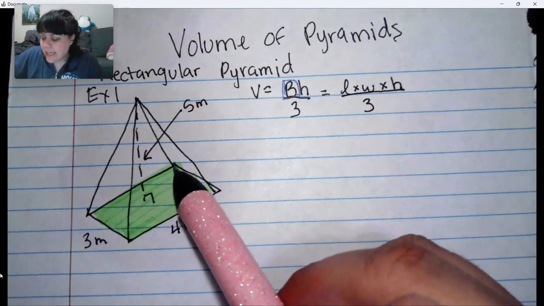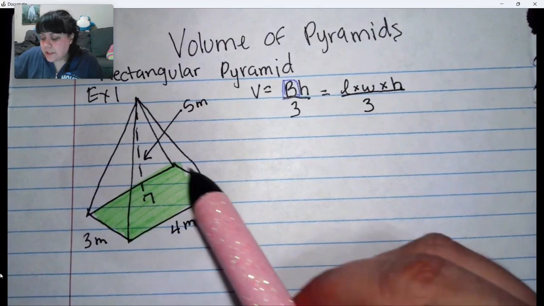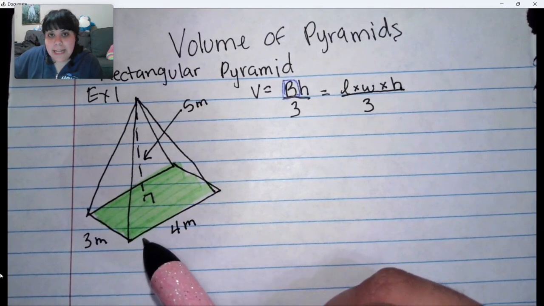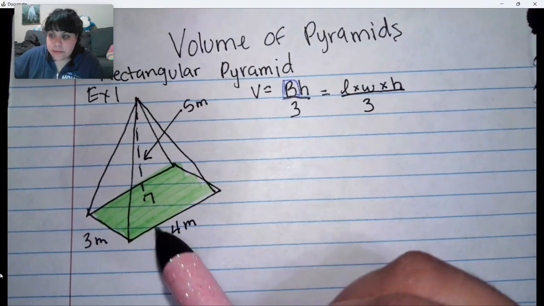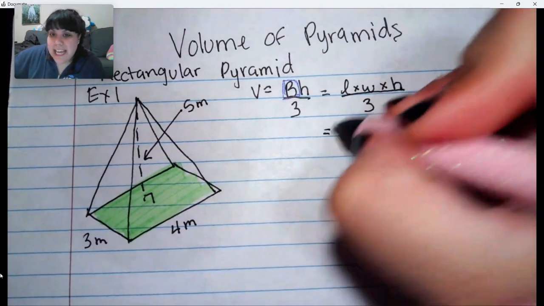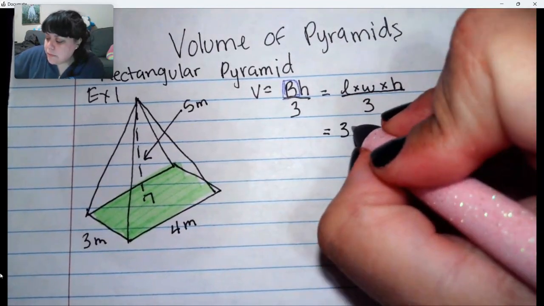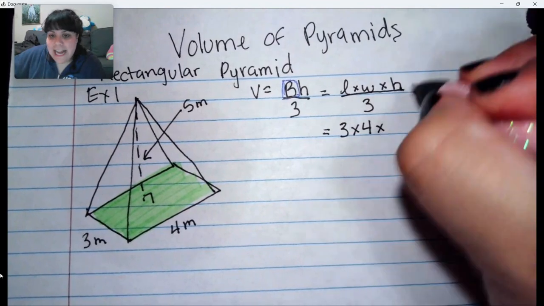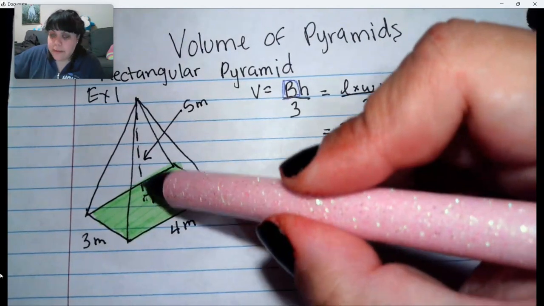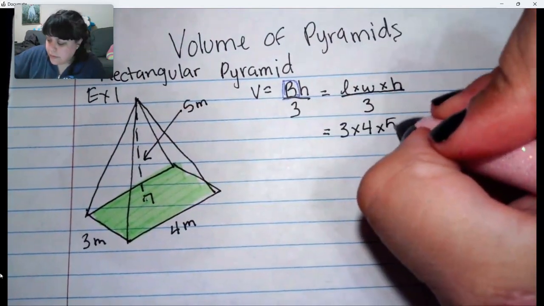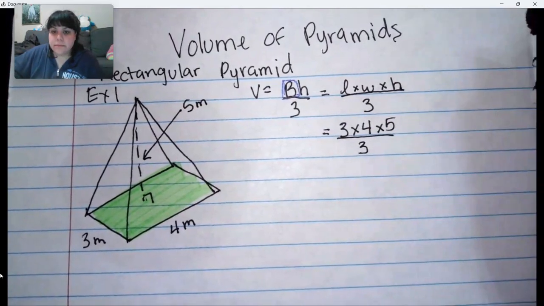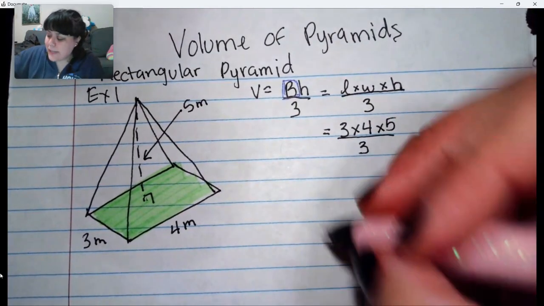If I look at my base, ask yourself what two numbers you are going to multiply to get the area. Well, 3 times 4. So I'm going to plug in those numbers: 3 times 4 times the height of the pyramid itself, which is 5, divided by 3.